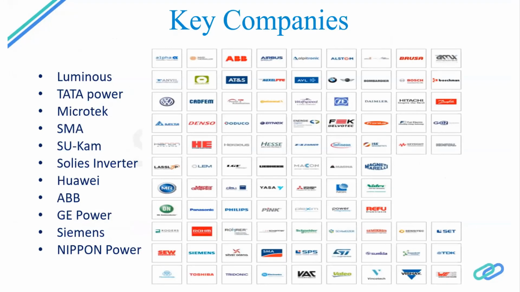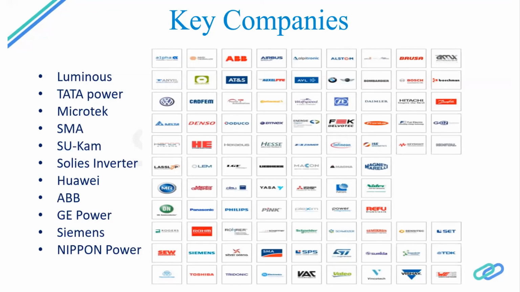Now, what are the key companies right now? If you look in India: Luminous, Tata Power, Microtech, SMA, Sukam, Solis Inverter, Huawei, ABB, GoodWe, all are installing solar power plants or rooftop solar right now, or they are producing inverters and converters. If you have a look at the job portals, you can see a lot of these companies are looking for entry-level engineers. On the other side, globally famous companies include ABB, Plexim, Mitsubishi, ST microcontrollers, and SMA.